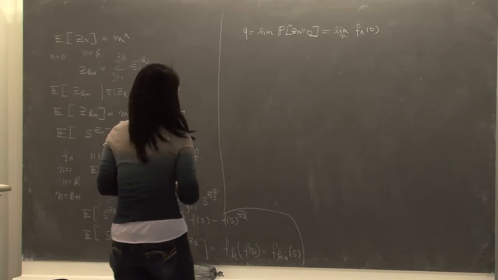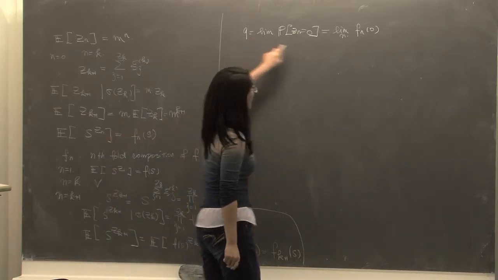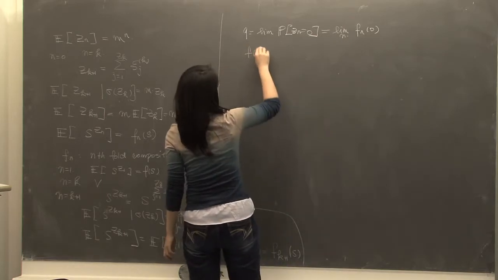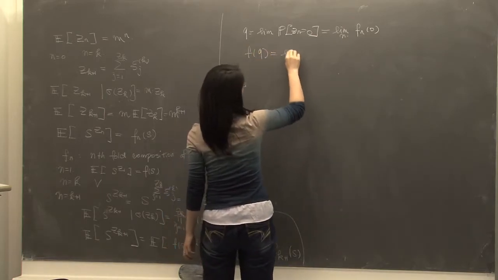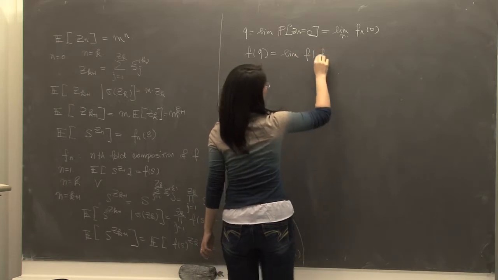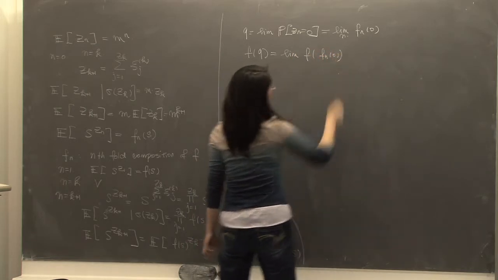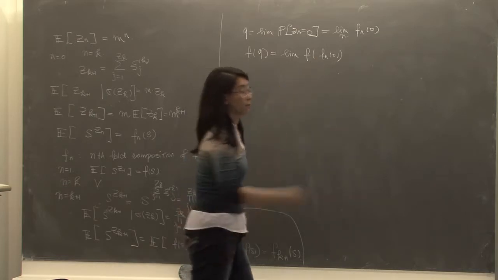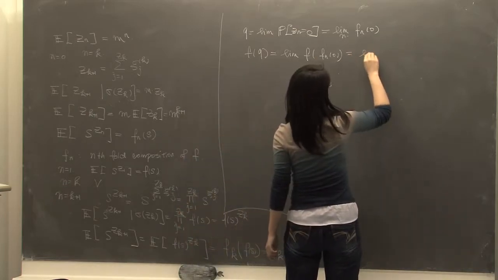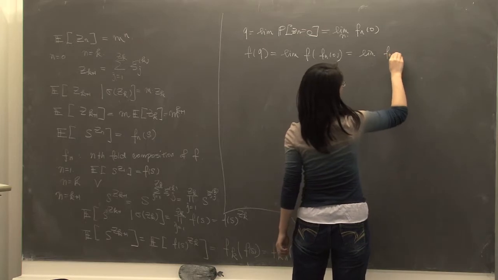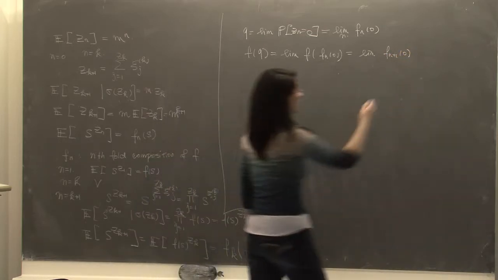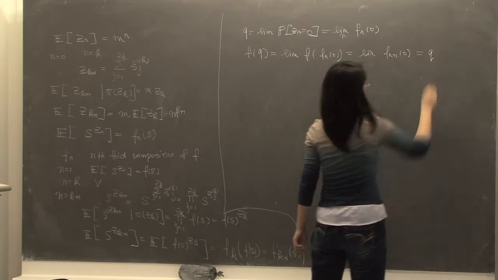And here we see that if we define q as the limit of the sequence, and then if we compose F on both sides, this is just the (n+1)-fold composition of F. So the right-hand side will again give us the limit q.